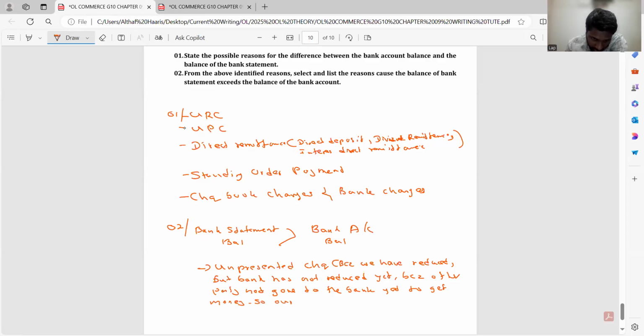So our balance will be low and the balance as per bank will be higher.